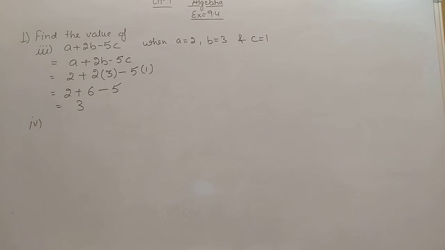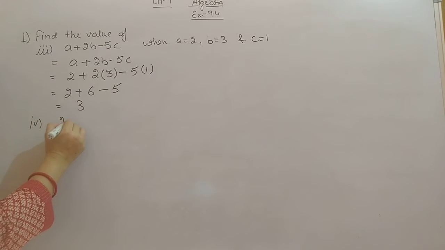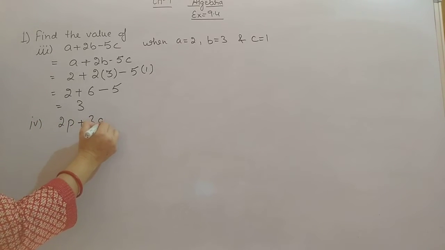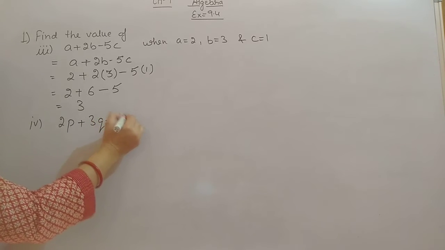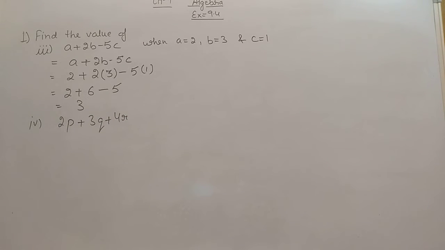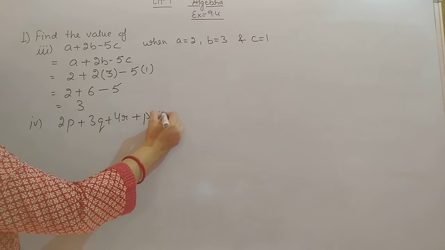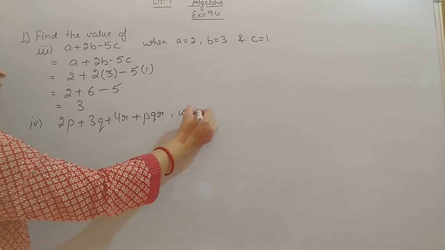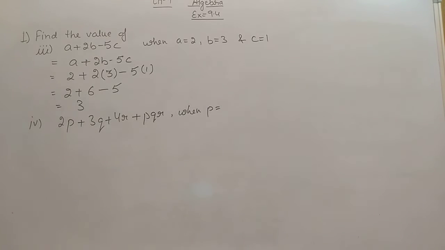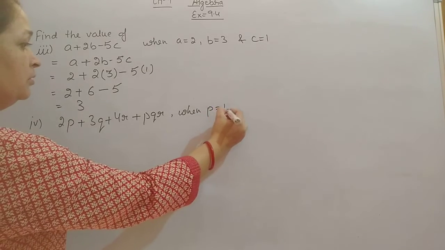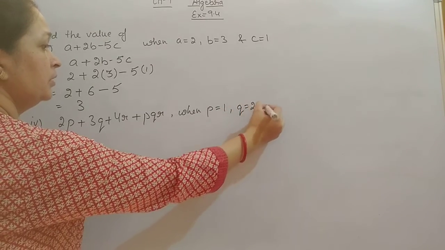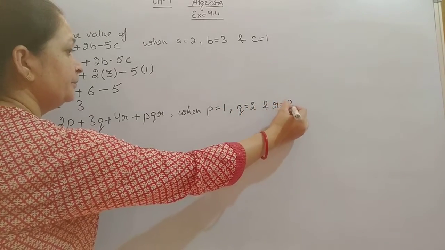Next, fourth part, 2p plus 3q plus 4r plus pqr, when p is equal to 1, q is 2 and r is 3.